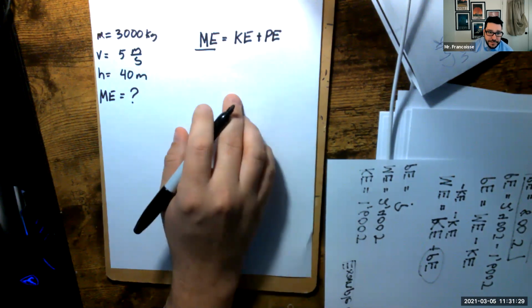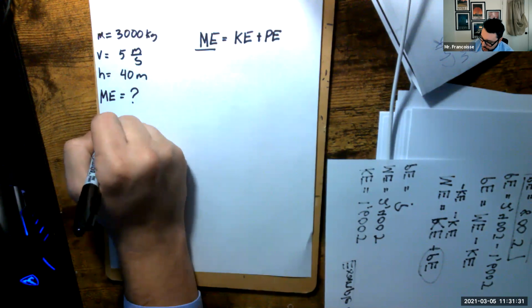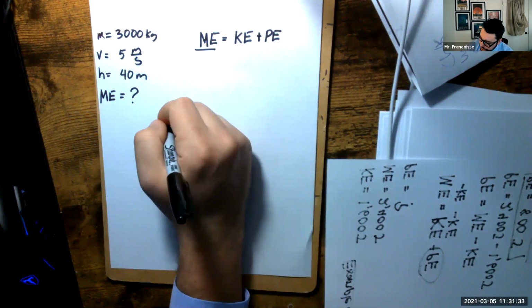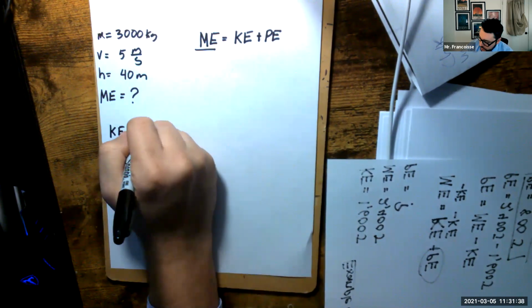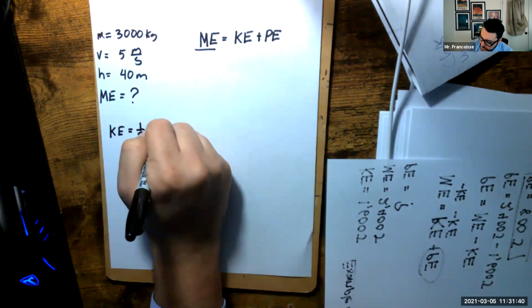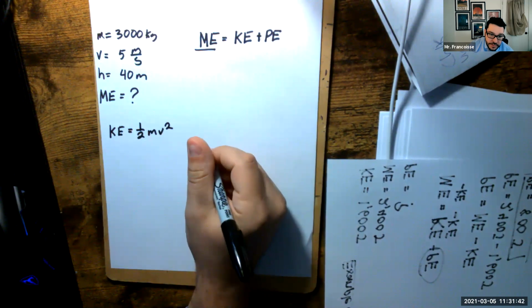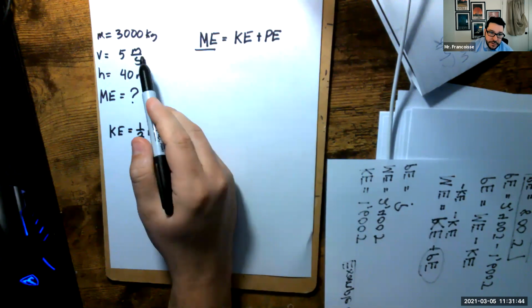So for here, it's pretty simple. We're just going to plug into each equation. We know that kinetic energy is equal to 1/2 mv squared. We know the mass and we know the velocity.